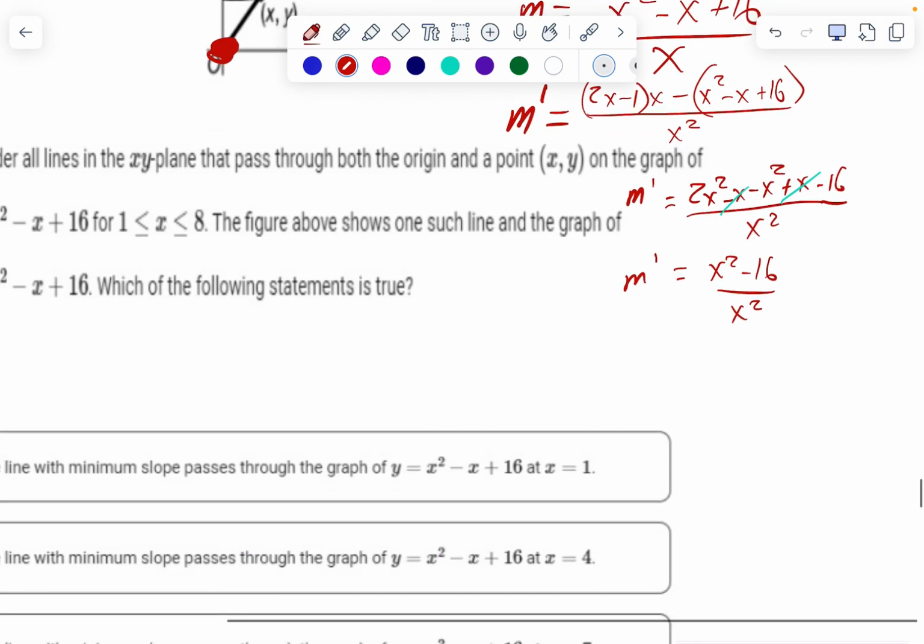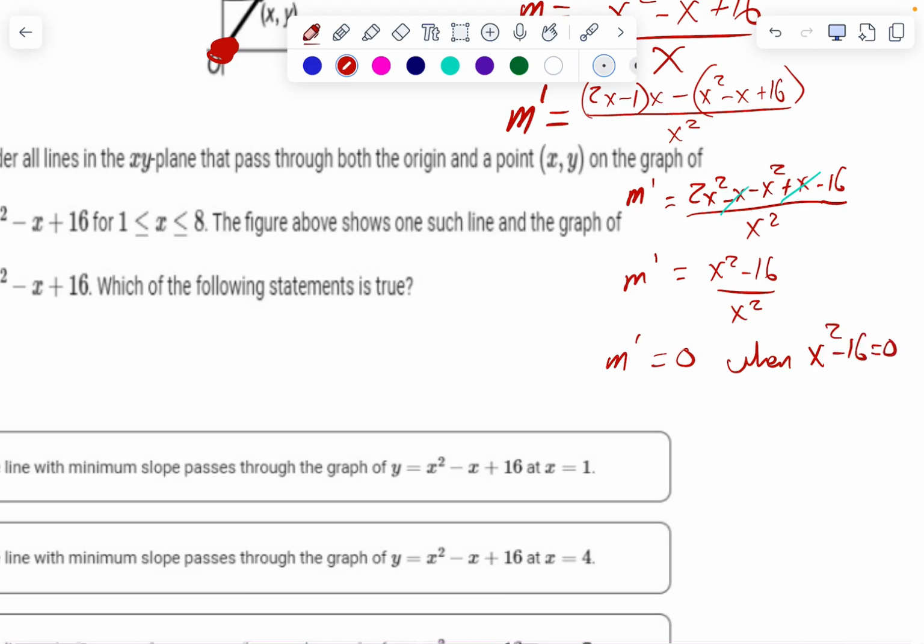Well, we can, but let's do this. So actually, we do have to check that. Let me say that the right way. But m prime equals 0 when what? That's our critical point. So when x squared minus 16 equals 0. Okay, so that happens at x equals positive and negative 4.